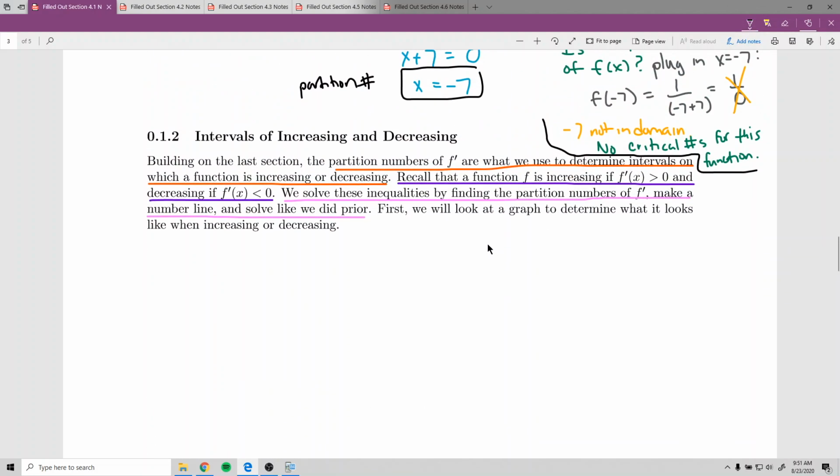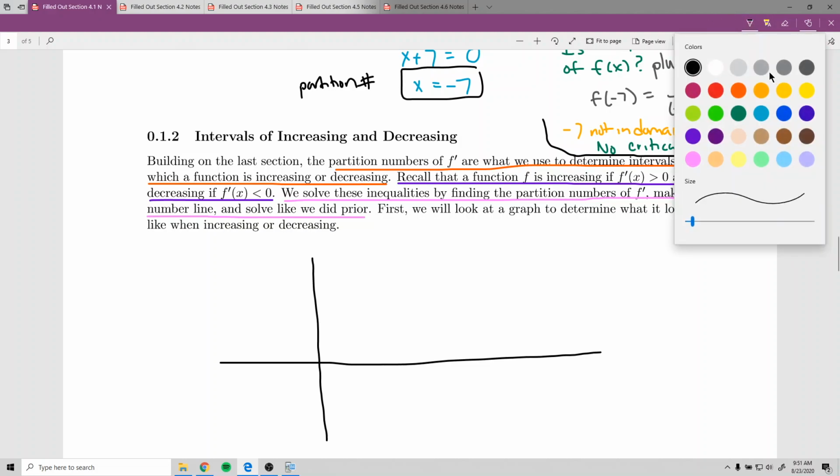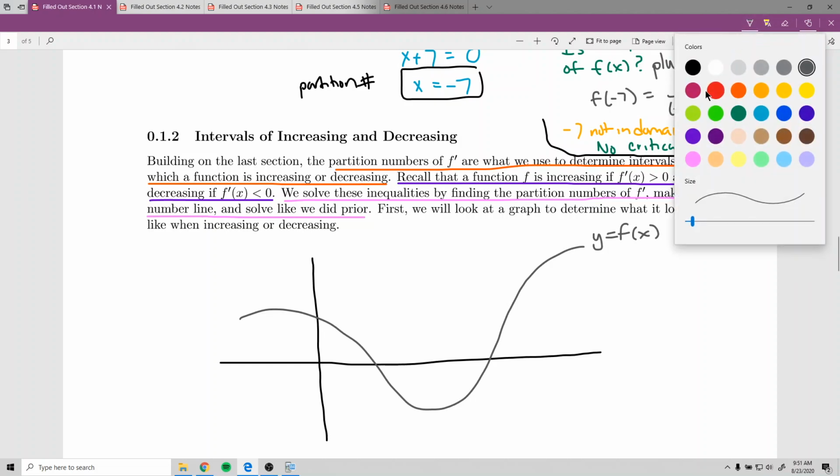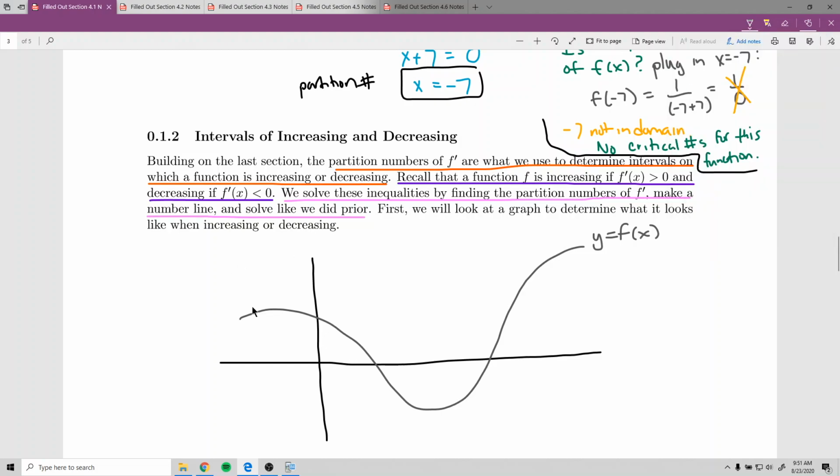All right, now I already mentioned kind of a picture, but just to draw and have something in the notes here. If our function looked like this, and we wanted to, just from this picture, know where it's increasing and decreasing. So let me draw this side out a little bit more. Then it's increasing when it's moving up as we move to the right.